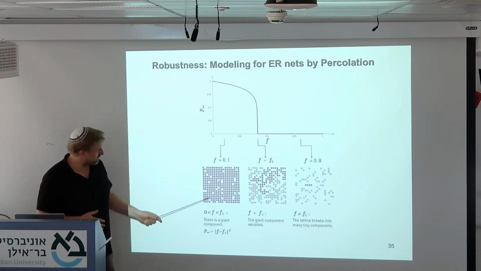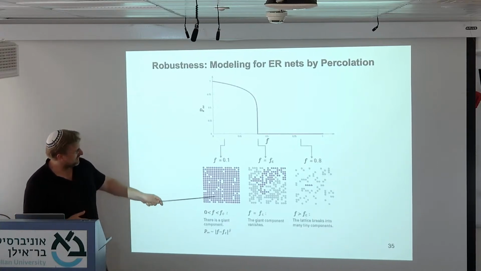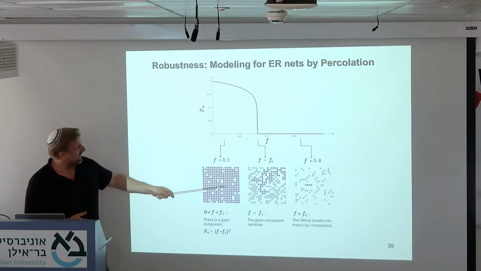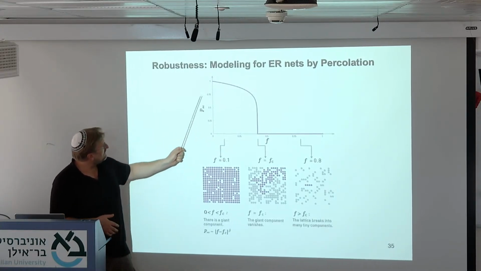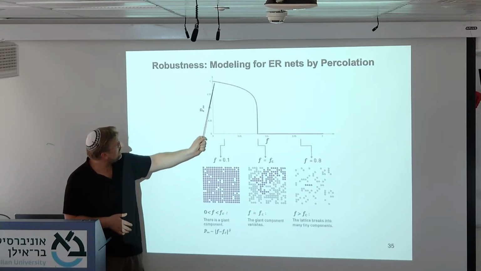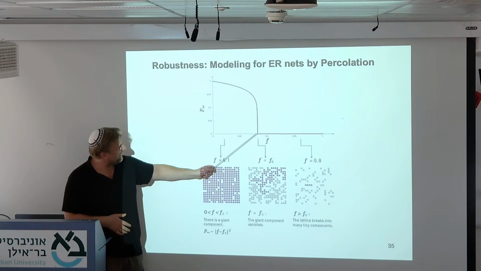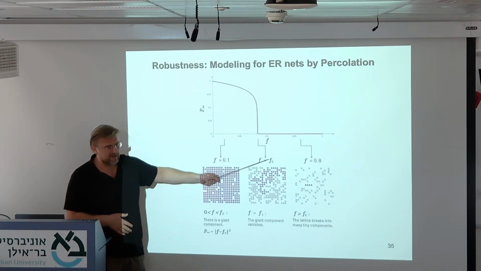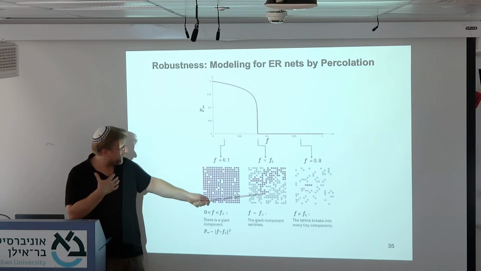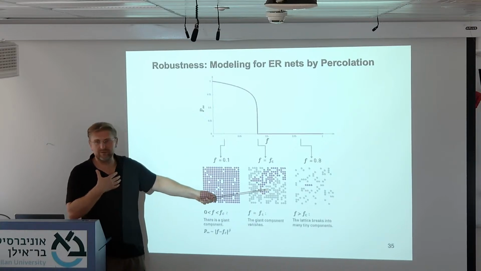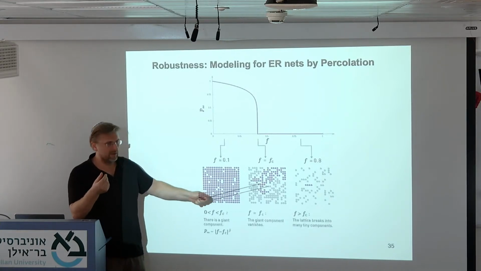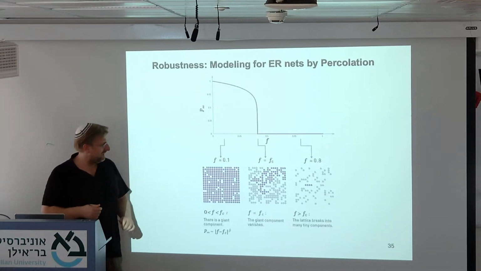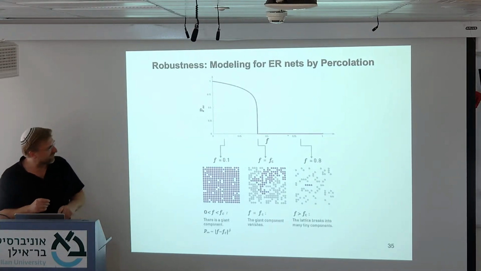Okay, you say, good, I have here a fully connected network, close to fully connected, and then I randomly destroy nodes, so to say. And, of course, my P infinite is decreasing until I get to a critical point where I lose the infinite cluster, or in our world now a network that is working.